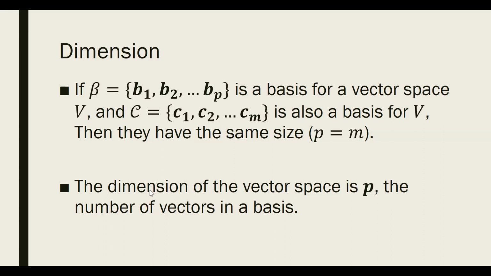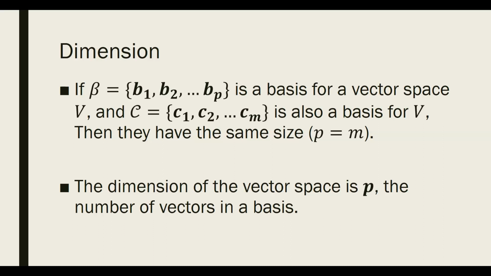So we know what a basis is. A basis is something that's linearly independent and spans the vector space. Well, if another set is linearly independent and also spans the vector space, then it must have the same size. You can go ahead and prove that if you want, but we're not going to prove that.